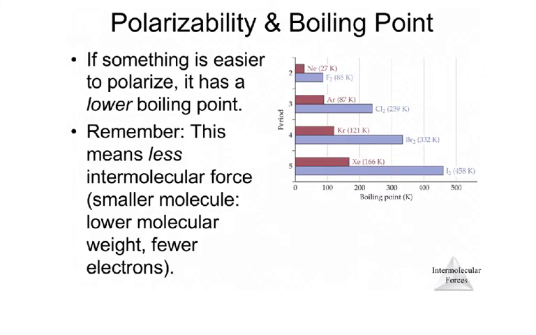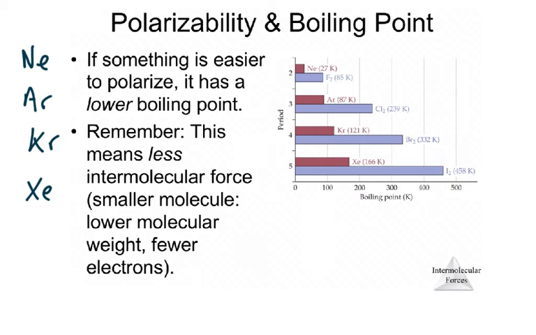Here's an example. If you look at the red, you're comparing the noble gases. And now we're going down a family here. So we've got neon and then argon. So you're going straight down a family. Now what's happening here is that neon has fewer electrons.